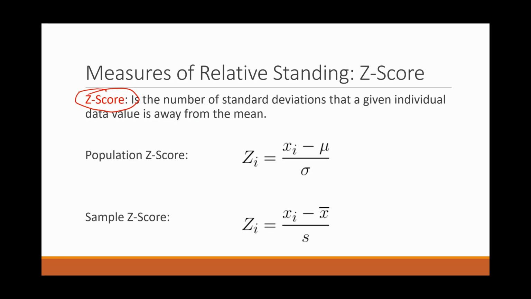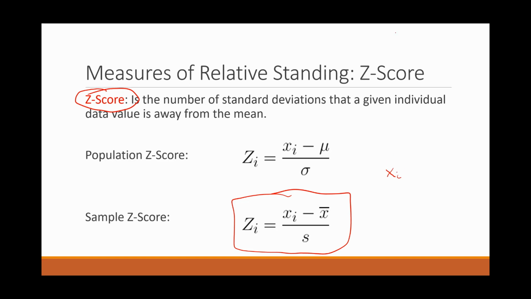All right. This is the equation. It's actually pretty straightforward. Here I have a population version of it and a sample version of it. Let's focus on the sample version. We're going to be able to calculate z-scores, and in fact, z-scores are quite important. If I want to know how many standard deviations a value is away from the mean, I need to take the value itself, which I'm going to call xi, a specific value.